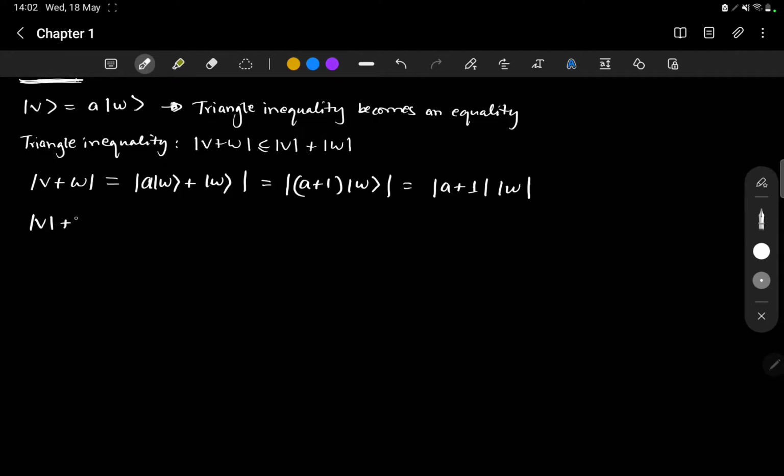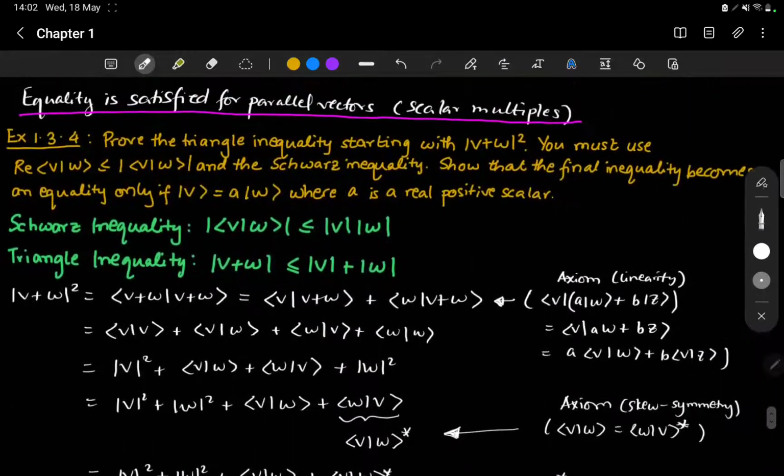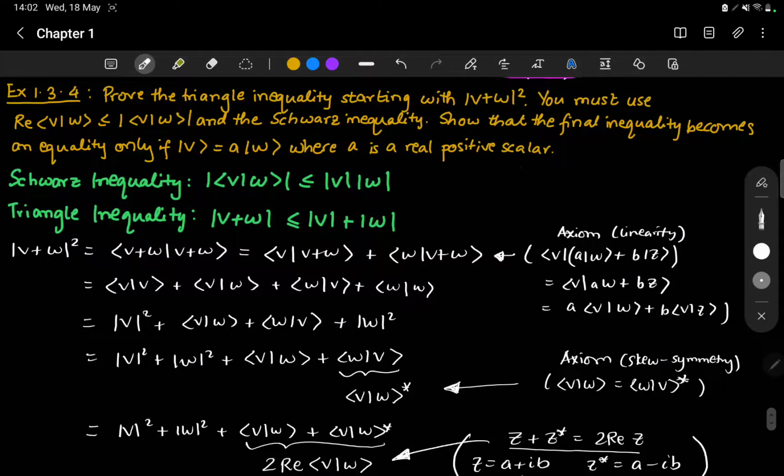Then for the right hand side we have, now note that this is the left hand side, this is the right hand side, and note that the question clearly stated that a is a real positive scalar.